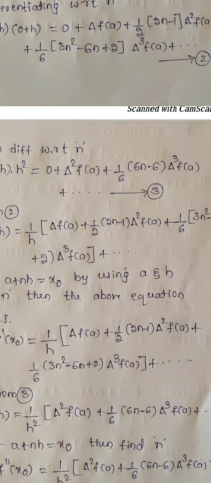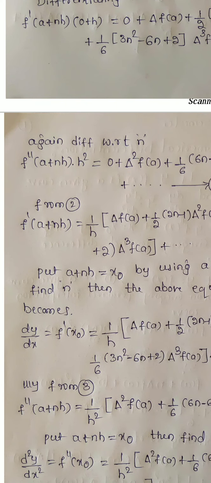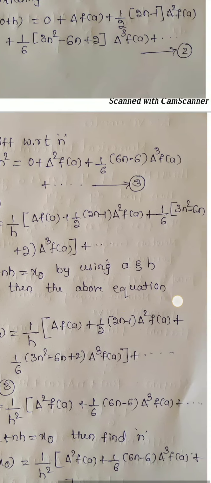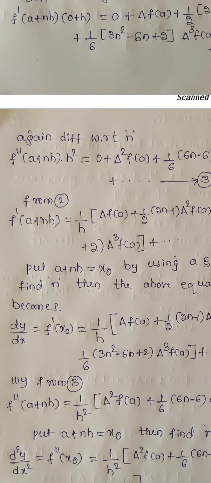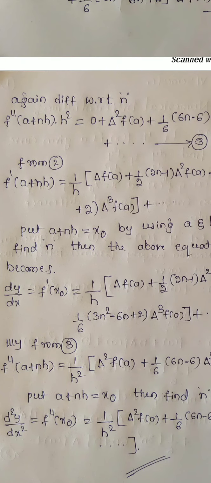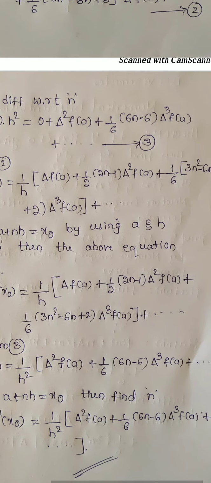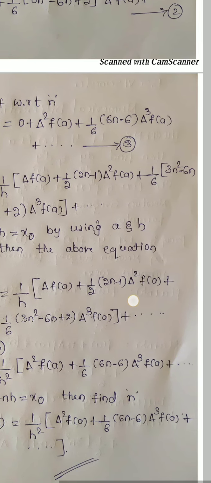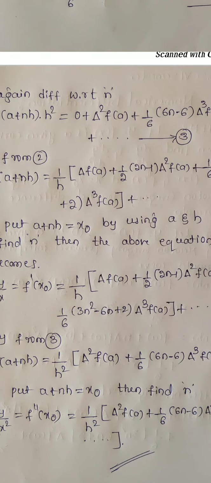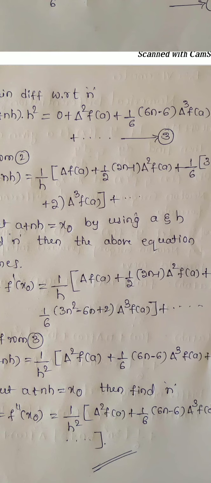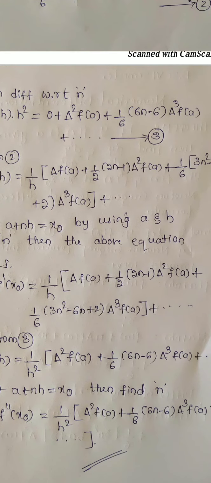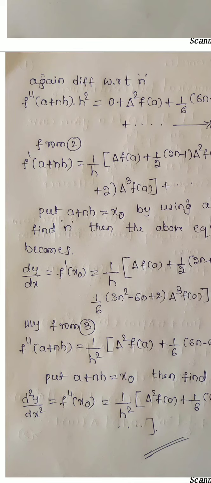So by using a and b, then finding the n value, the above equation becomes dy by dx equal to f dash of x naught is equal to 1 divided by h into delta f of a plus 1 divided by 2 into 2n minus 1 into delta square f of a plus 1 by 6 into 3n square minus 6n plus 2 delta cube f of a plus so on. This is the first order derivative.